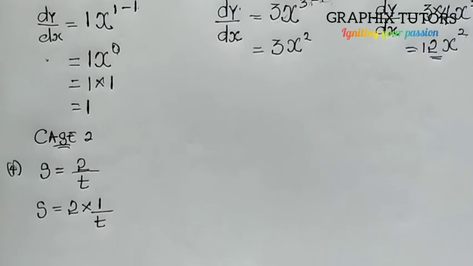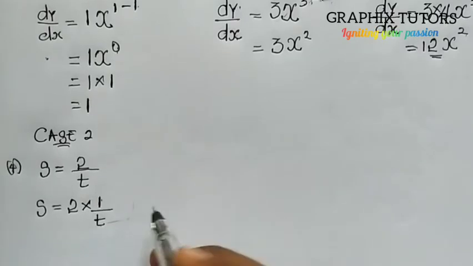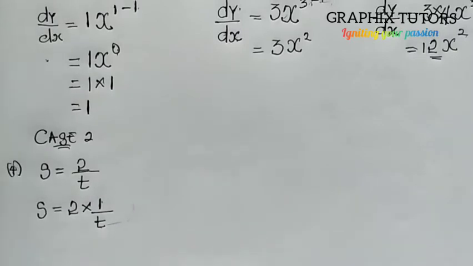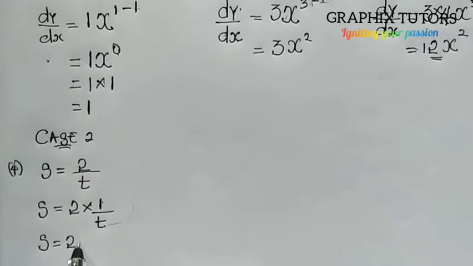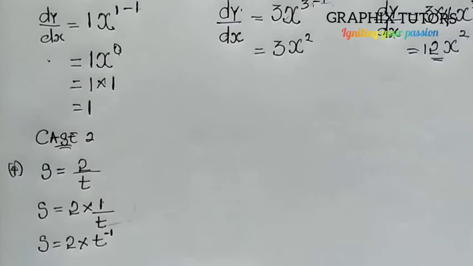And we know very well that this 1 over t is another way of writing the inverse of t. That means my x is equals to 2 multiplied by t inverse. T is power minus 1, because the t here has a power of 1. When it's coming up, you put a negative on the power.